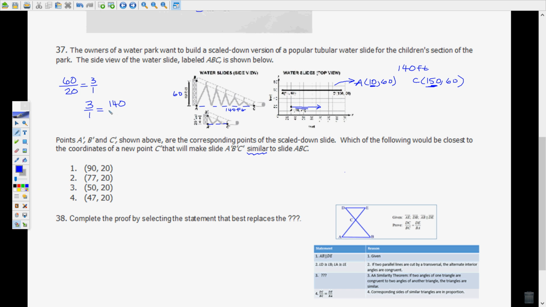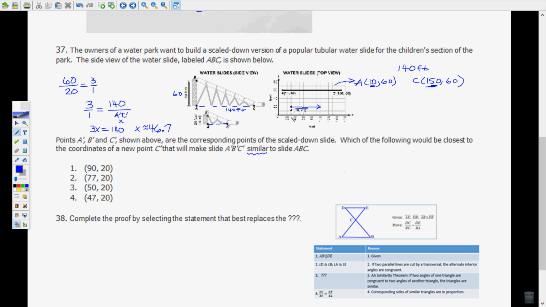You put AC over A prime, C prime. You can call that X if you want, either one, just so you know what you're talking about. Then you want to cross multiply and solve this. If you make that an X, you can make it into an algebraic equation. 3x equals 140, and when you divide 140 by 3, you get x is approximately equal to 46.7.